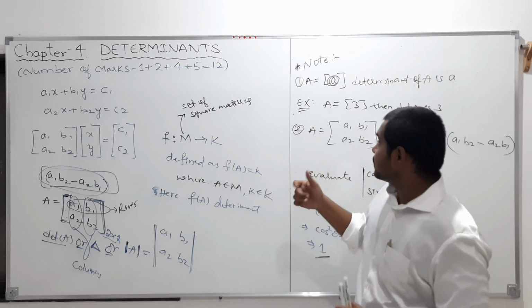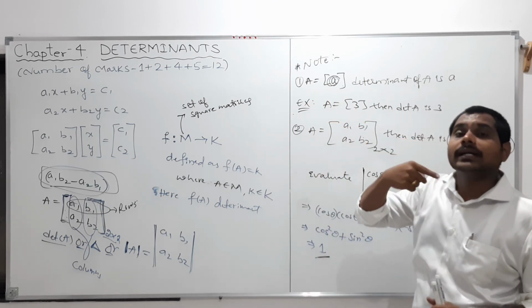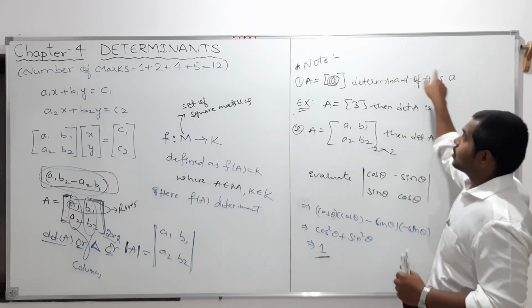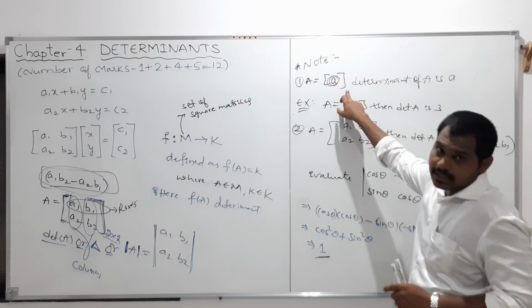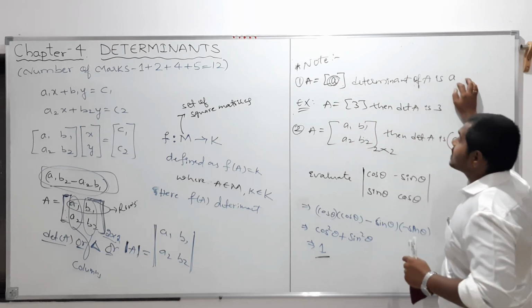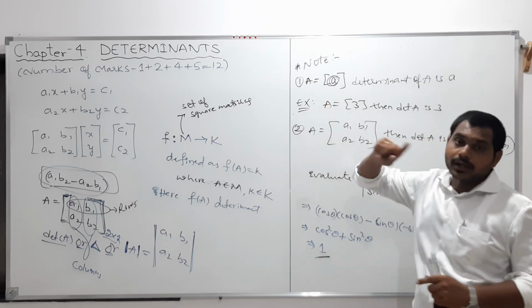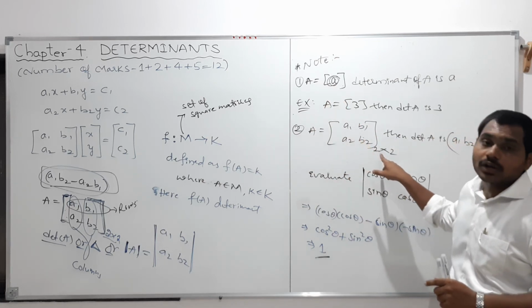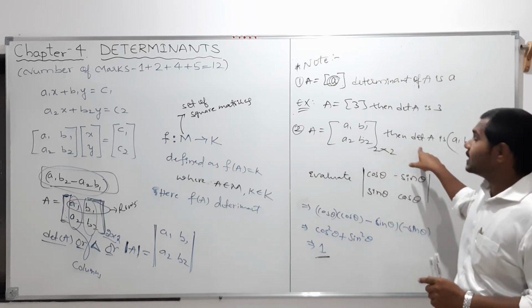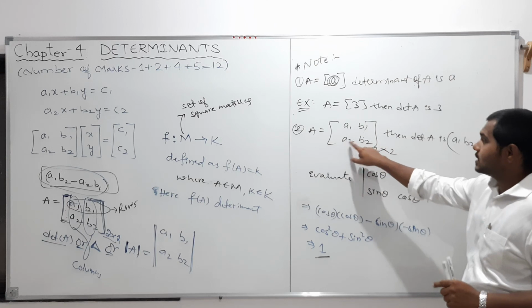In today's class we discussed how to calculate the determinant if the given matrix is of the order 1: whatever element is there inside the given matrix, that element itself is the determinant value. Next, the second case I discussed: if the given matrix is of the order 2 cross 2, the determinant value is a1 b2 minus a2 b1.